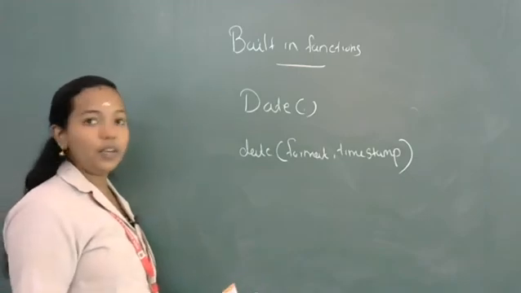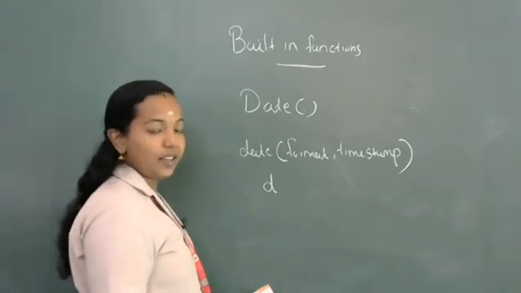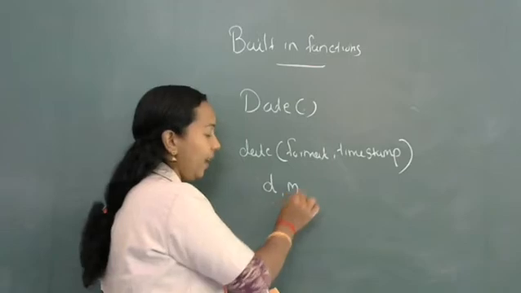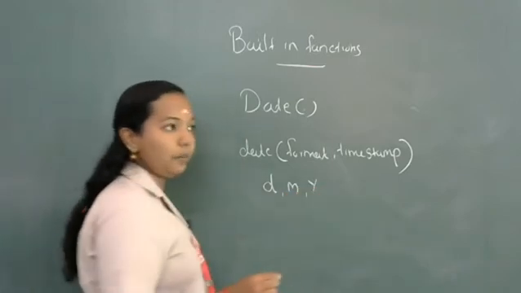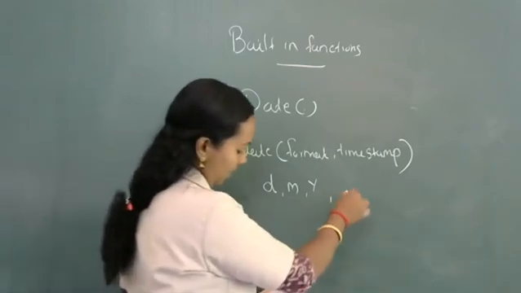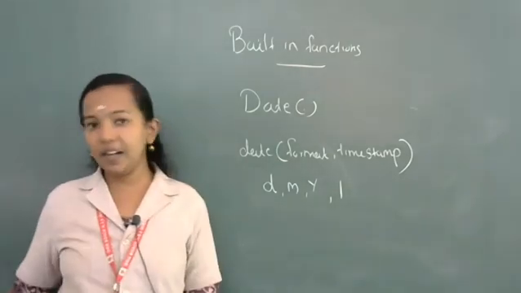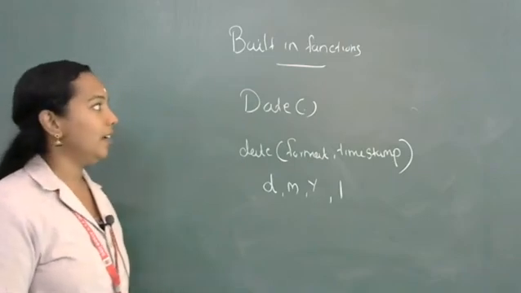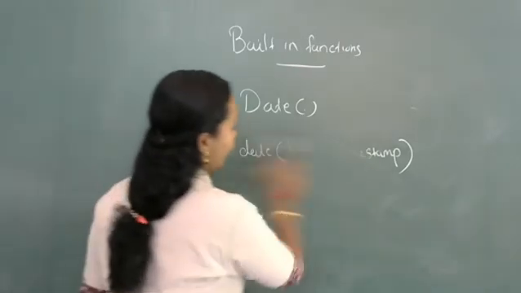So the commonly used characters are d for the day of the month, numbers from 1 to 31, then m, 1 to 12, then Y, the year as a 4-digit number, then l, the day name. Clear? So these are the characters that we are using in the date built-in function.